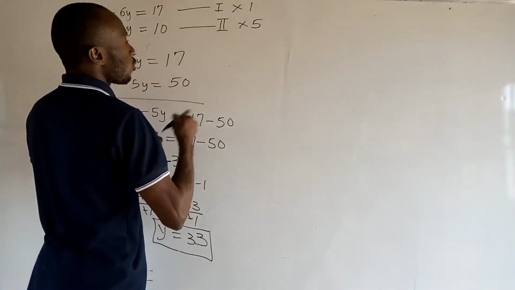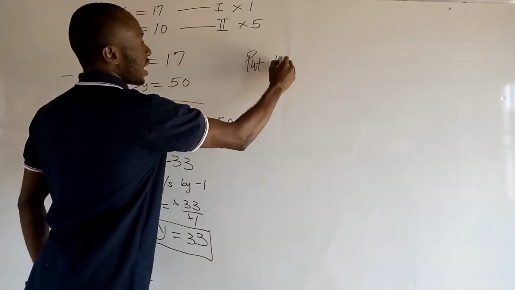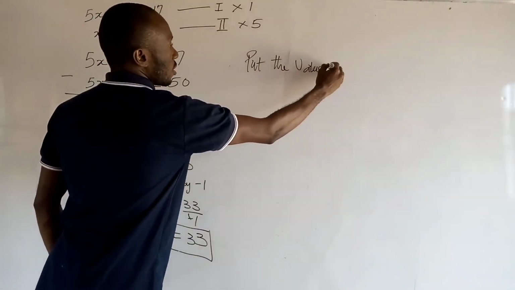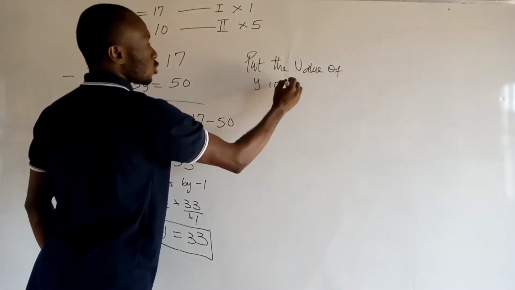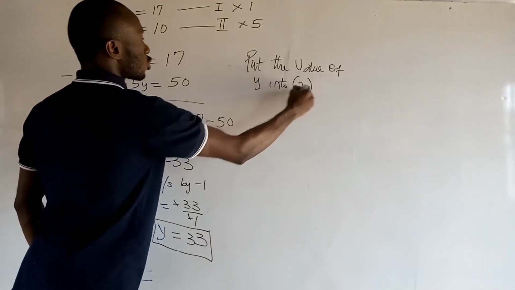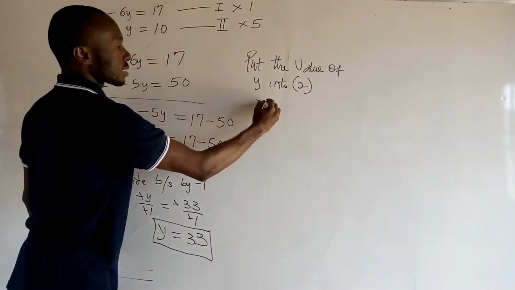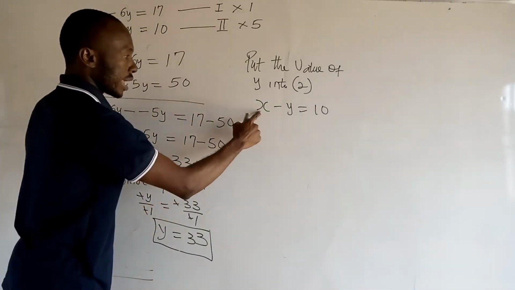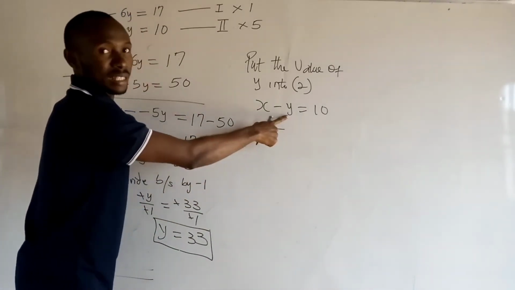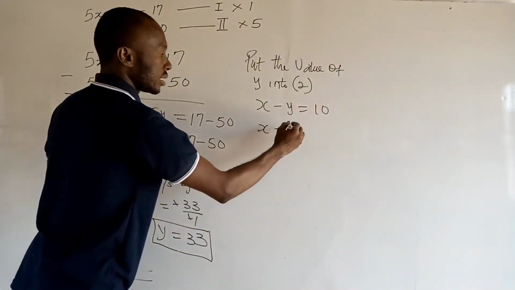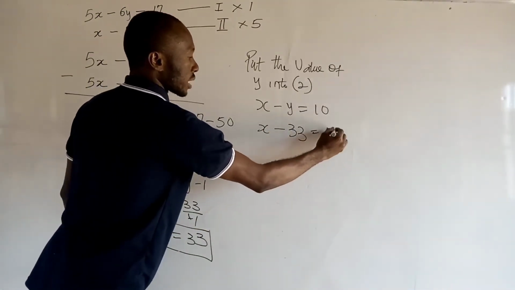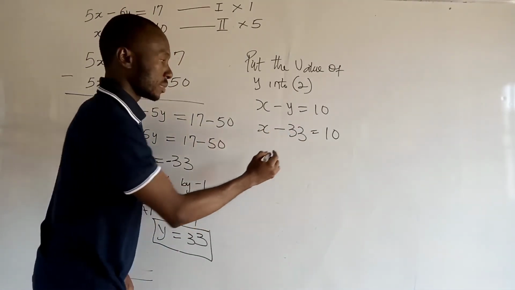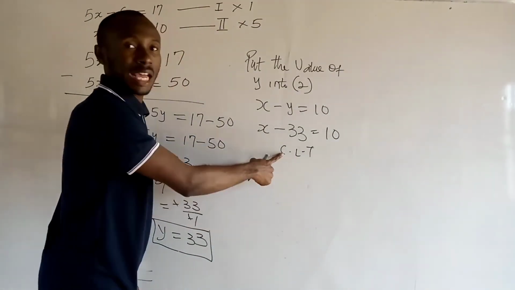So I will put the value of y into equation 2, which is x minus y is equal to 10. So we have x minus, instead of writing y, we put 33, equal to 10. And of course, we collect like terms. We call it CLT, which is collect like terms.